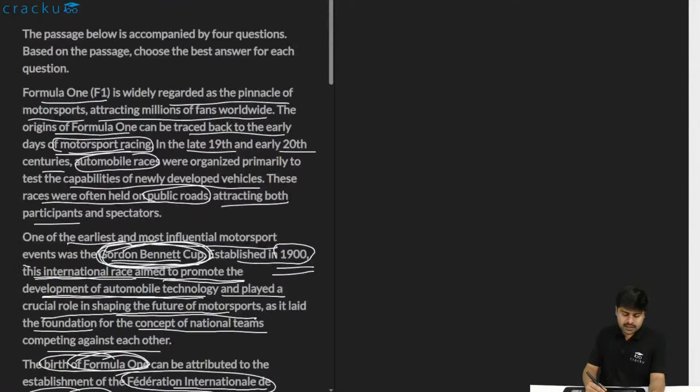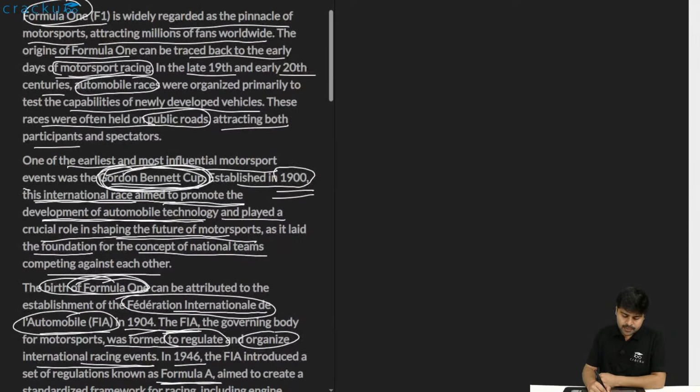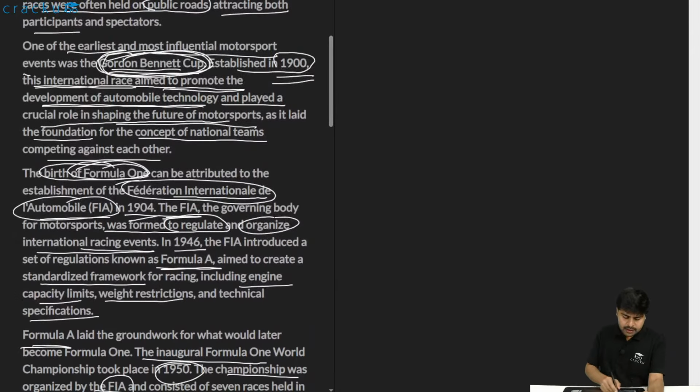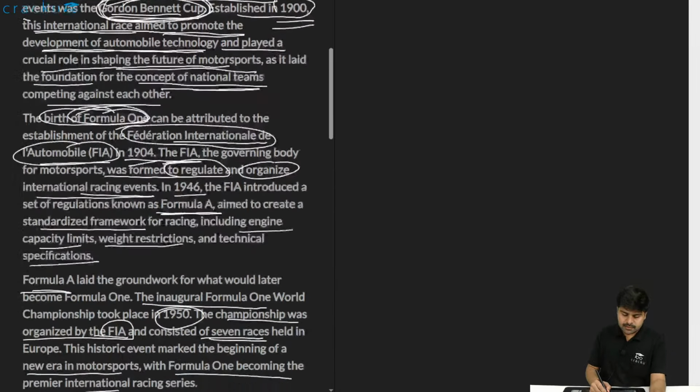We started with the introduction of how Formula 1 began. We discussed how it all started as something to test newly developed vehicles. Then we discussed this Gordon Bennett Cup and the concept of national teams, right?